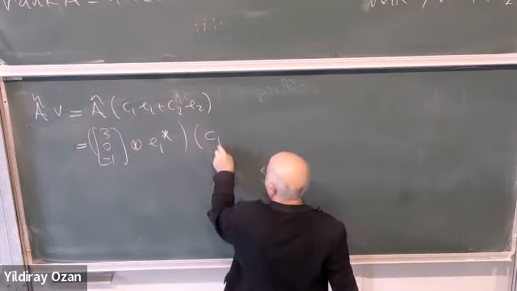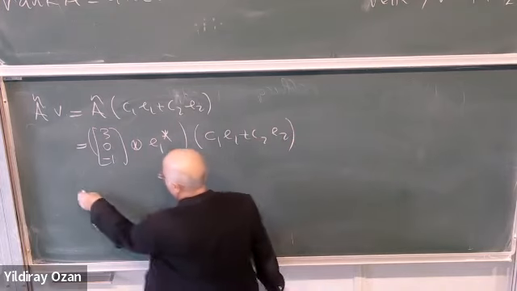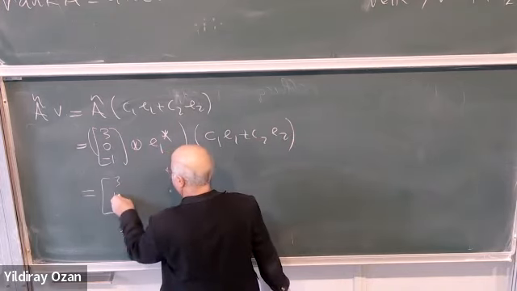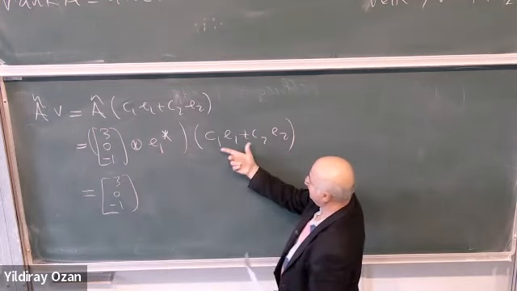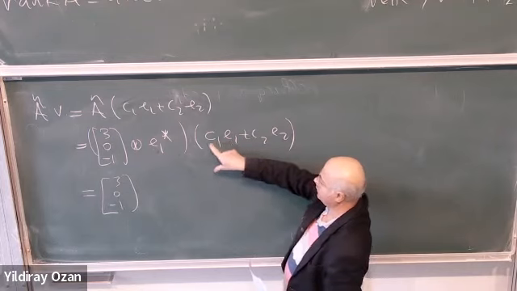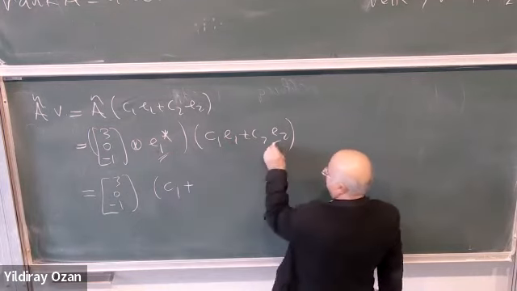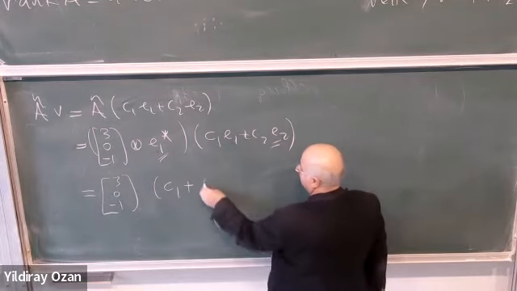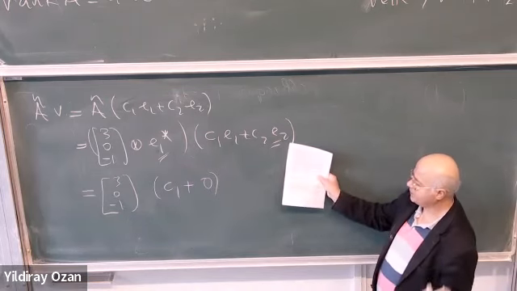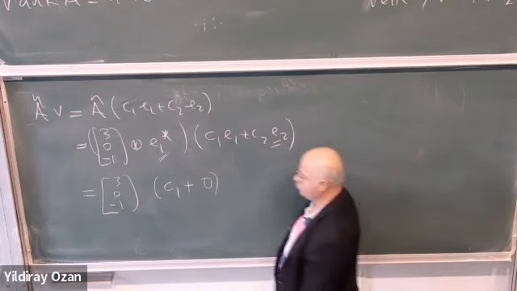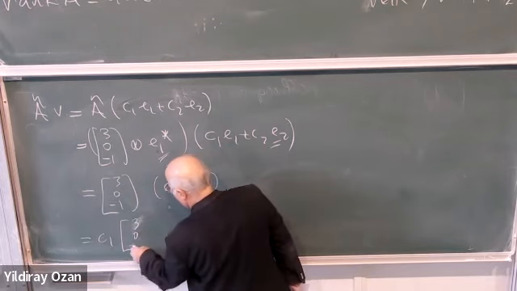So this is applied to this vector. So 3, 0, minus 1. E1 star will eat this guy, it will give me just C1. And E2 star will eat this guy and give me just 0 because E1 star evaluates at 0 here. So you just get C1 times 3, 0, minus 1.